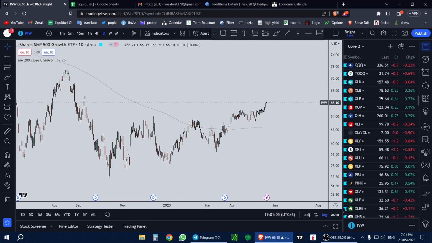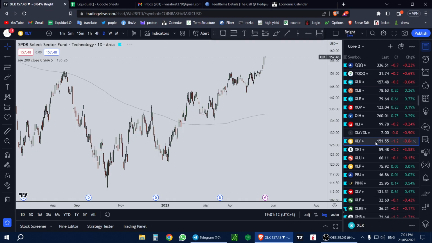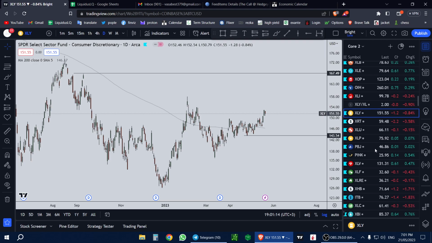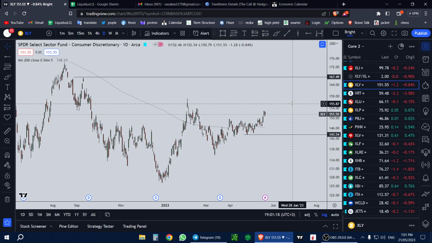QQQ, we've gone through QQQ. The sectors that are in favor with us are obviously XLK, XLY, and that's it. To be honest, that's it. You see, the breadth is absolutely atrocious in the equity space.